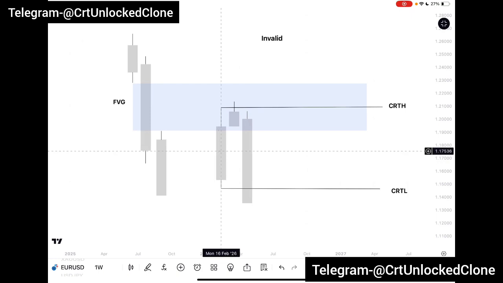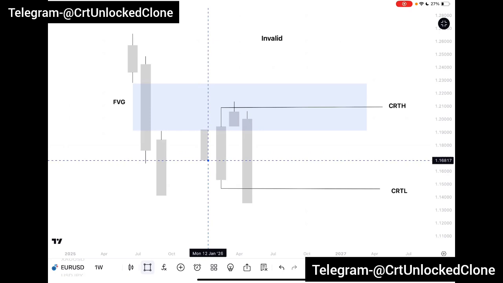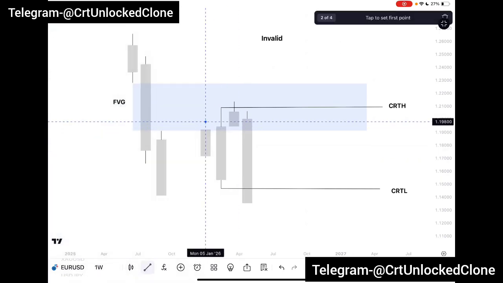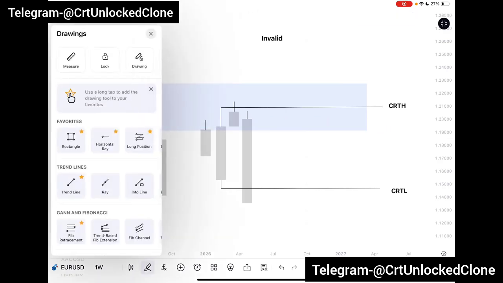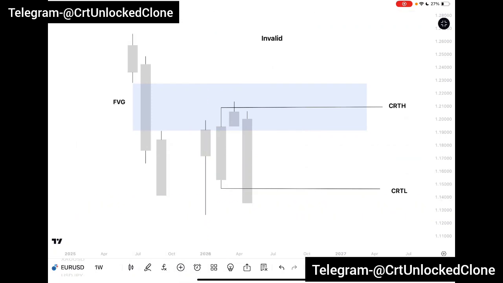Before our CRT candle formed and tapped the key level FVG, if any other random candle has tapped it before, just listen very carefully, my dear people. This is a random candle, and it has tapped our key level FVG before our CRT candle.